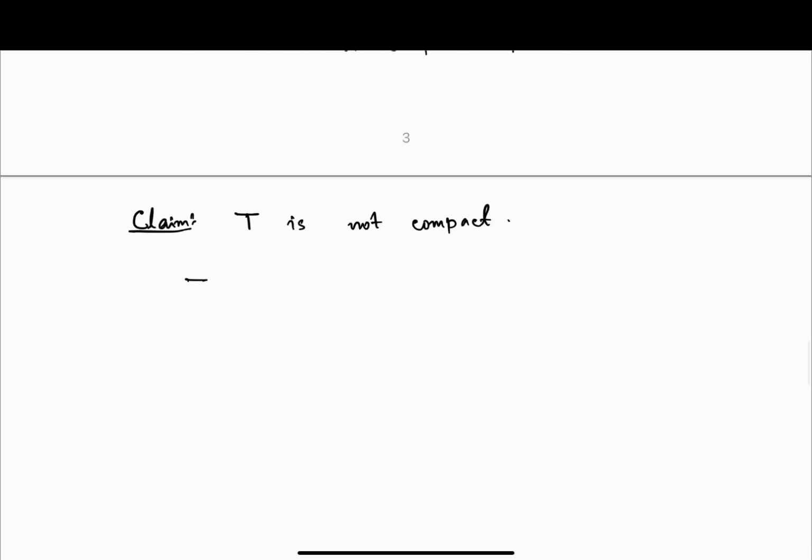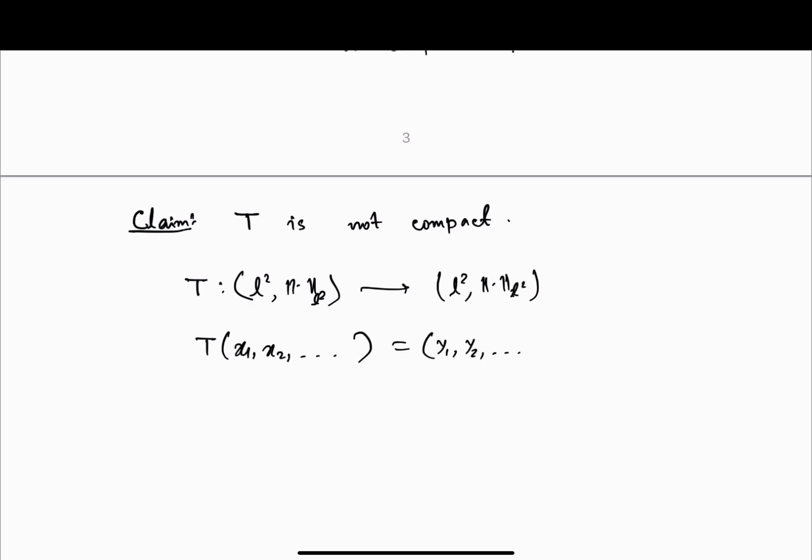T basically takes L2 to L2: T of x1 x2 dot dot dot maps to y1 y2 dot dot dot, where yn is 0 if n is odd, and xn if n is even.